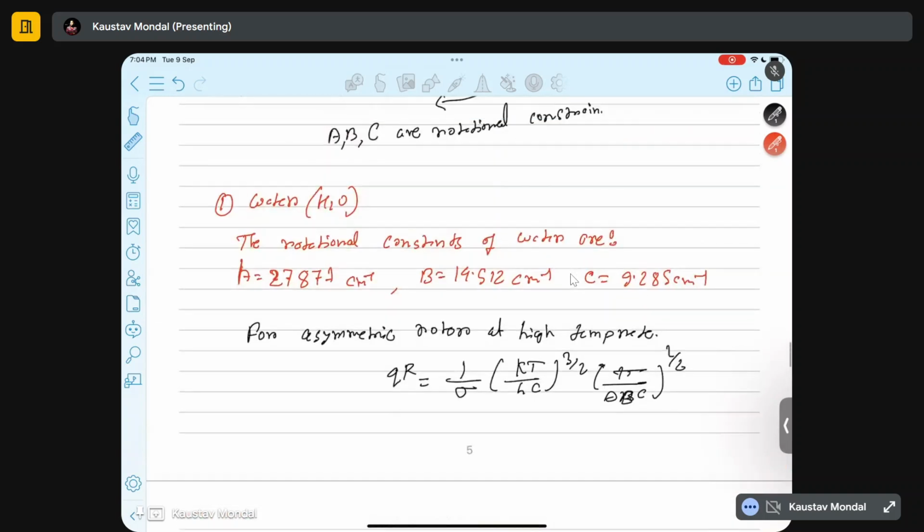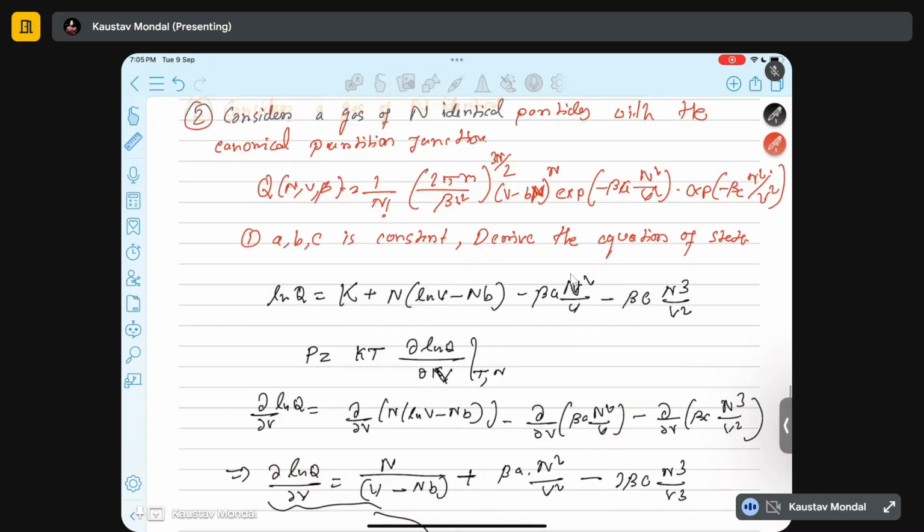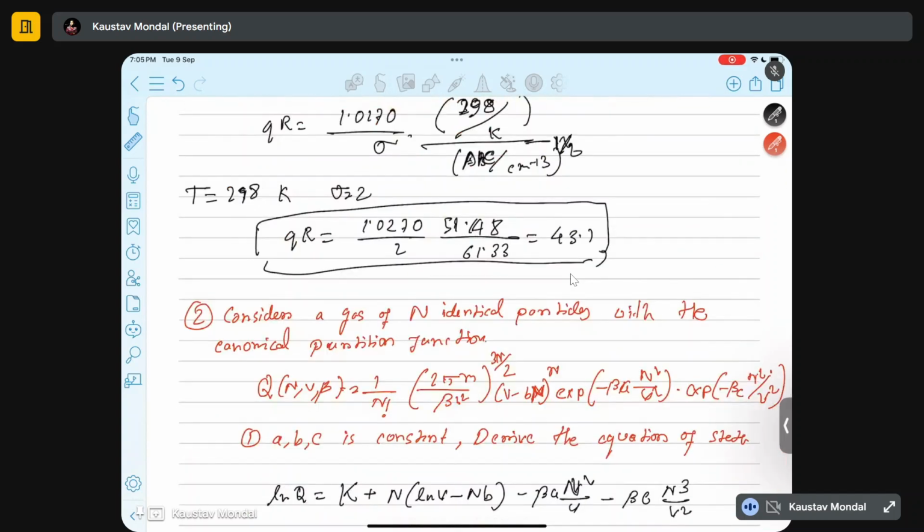So first we have done a problem on the rotational partition function for a non-linear rotor, right? Where there are A, B, C, basically three values of rotational constants for 3D cases. For that, we have calculated the QR, which is basically this nominal amount of energy level.